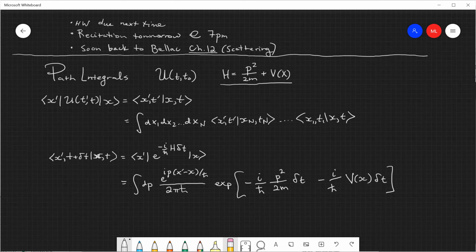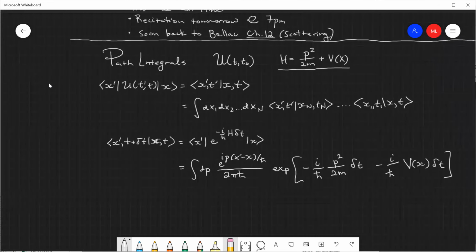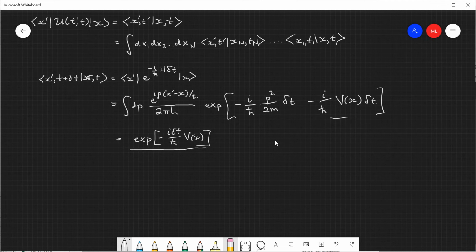And so now we just have to perform the integral over p. And as I mentioned, it's a Fresnel integral. It's a sort of imaginary version of a Gaussian integral. You can factor out this part, which doesn't depend on p. So you got this part, and then you got the 2 pi h bar.